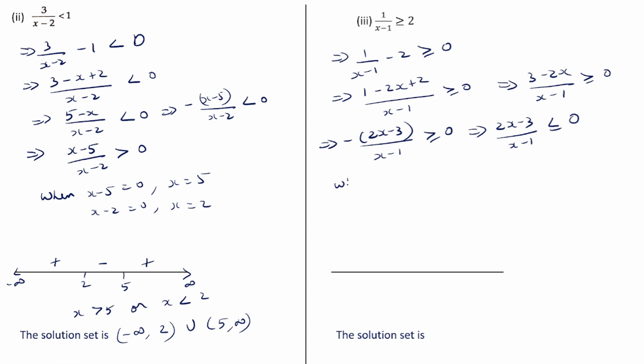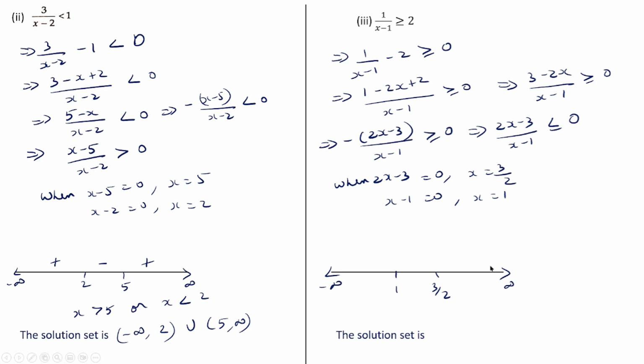Now, when 2x minus 3 equal to 0, we have x is equal to 3 by 2 and x minus 1 equal to 0, x equal to 1. So let us divide the number line into intervals minus infinity to 1, 1 to 3 by 2 and 3 by 2 to infinity.